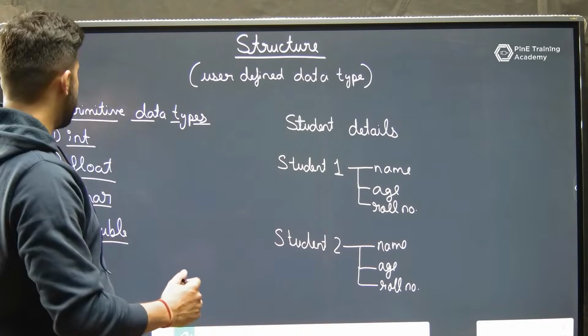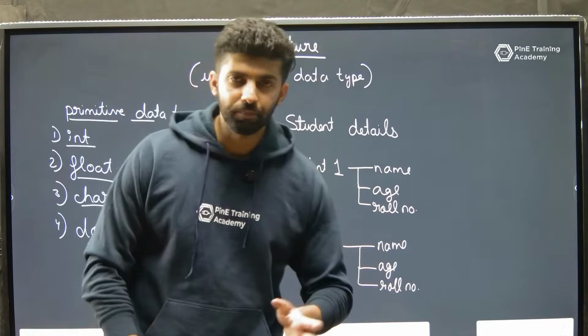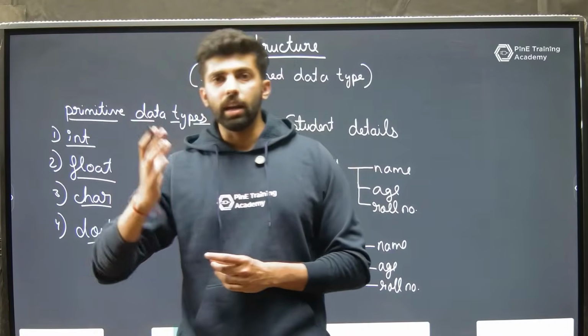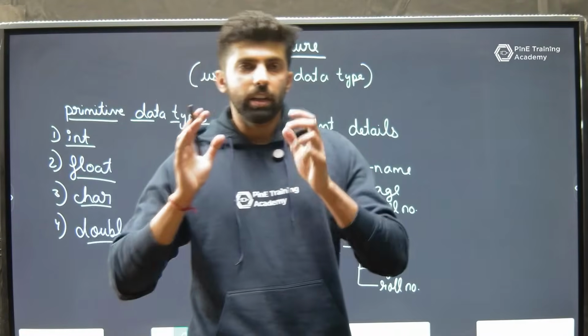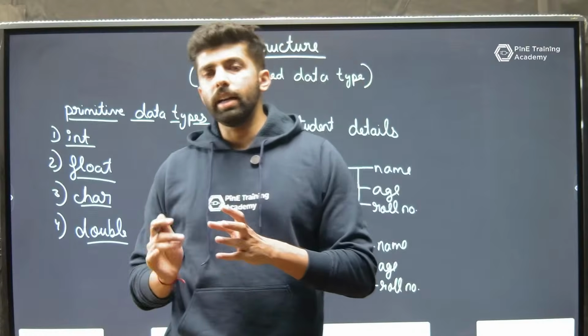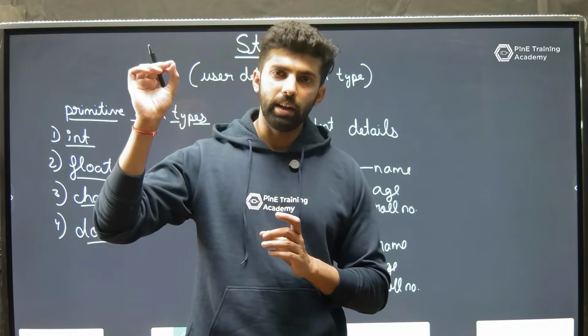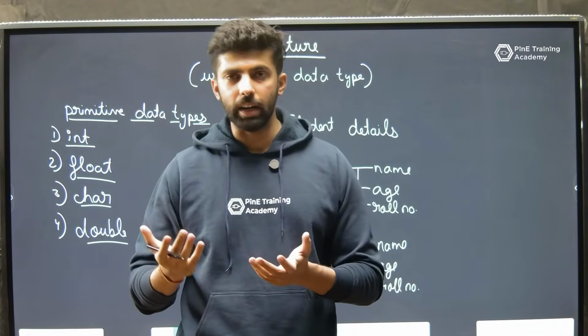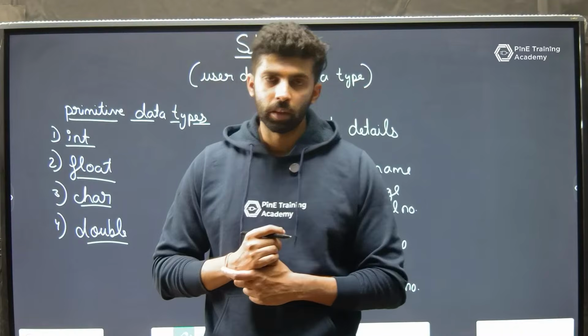Okay, we have already studied these data types as primitive data types. But if you think about real world scenarios, the kind of data we deal with is completely different. We never talk in terms of int, char, float, double, right? In the day to day life, we never even use these words.